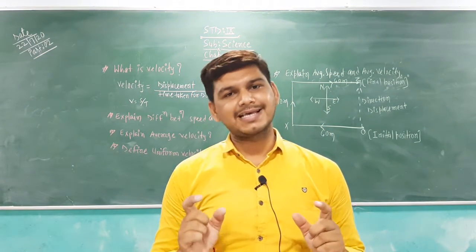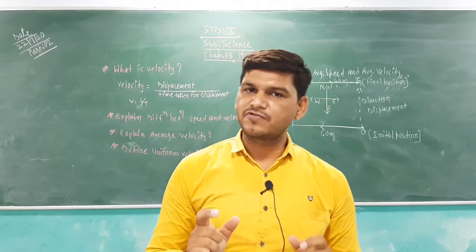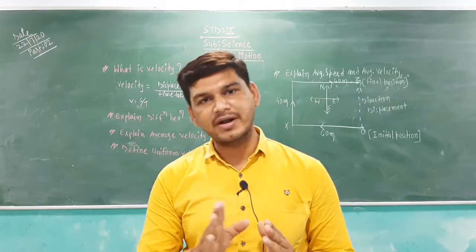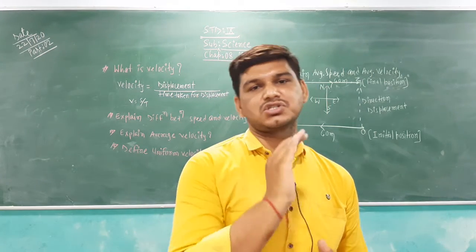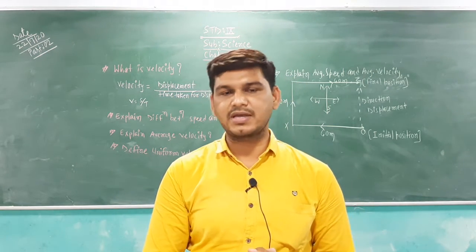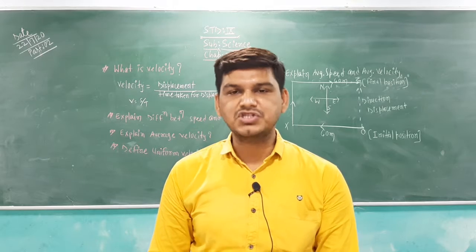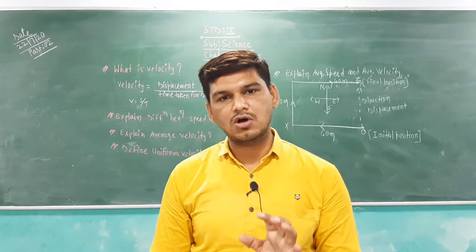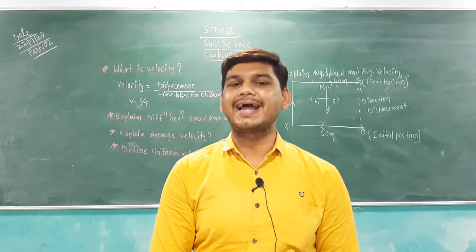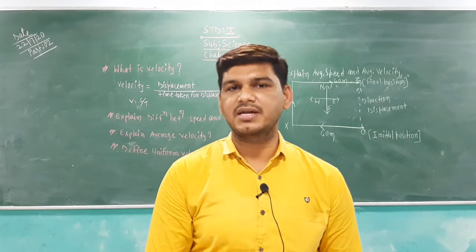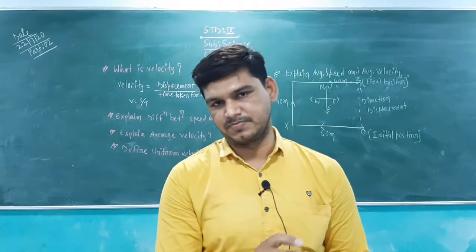So speed is a scalar quantity which only gives information about how fast the body is moving, but not in which direction. The information about how fast the object is moving and in which direction is given by the quantity called velocity.